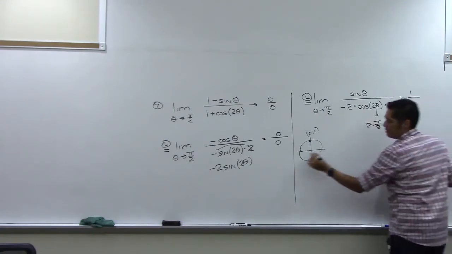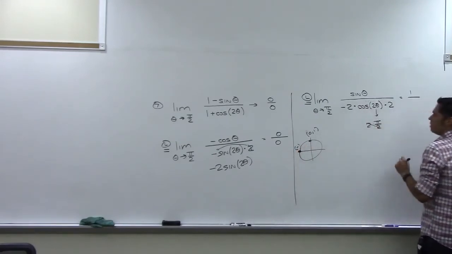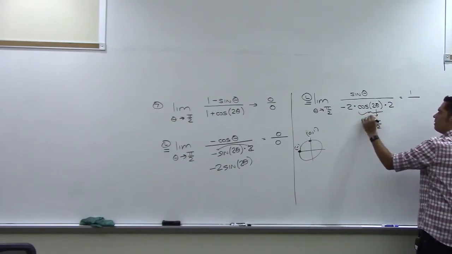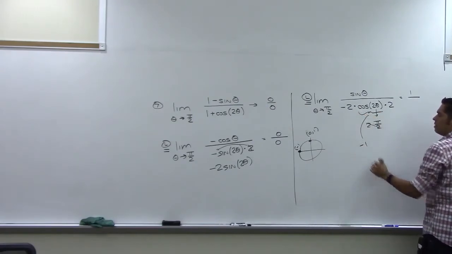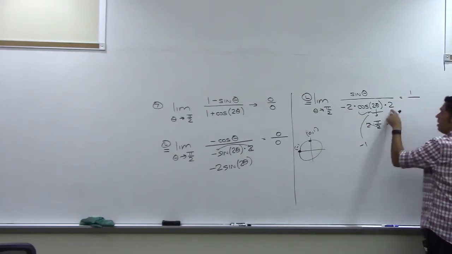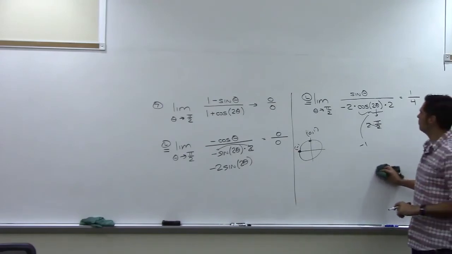Cosine of pi, that means we're here, is the x-coordinate, that's -1. So I have -2 times -1, which is 2, times 2 again, this is 4. So we should get 1/4. That's it, we're done.